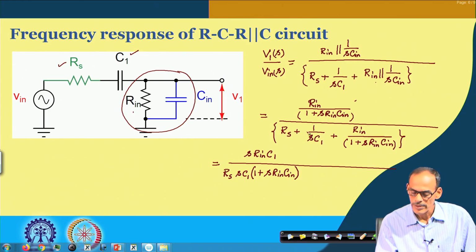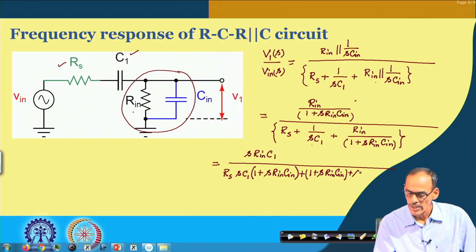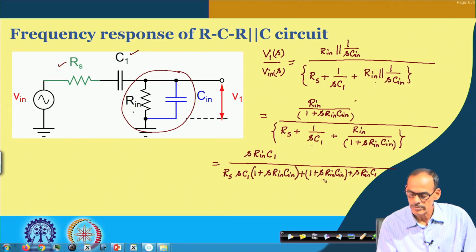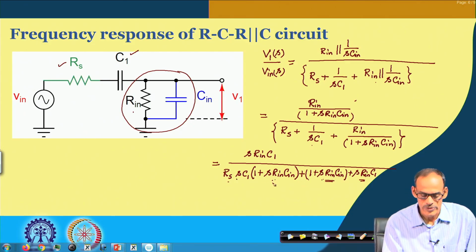So, that is the first term, and then we do have the second term, which is 1 plus sR_in into C_in, and then the third term, which is sR_in into C1. So, in the denominator we do have of course 1, and then the s term we have here, and also here. In addition to that, we do have a square term as well.